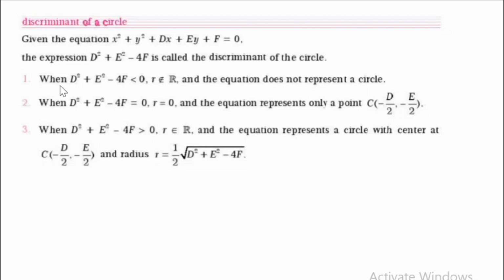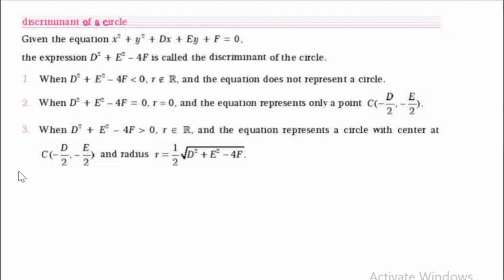When d squared plus e squared minus 4f is less than 0, the value of the radius is not an element of the real numbers and the equation does not represent a circle. For number two, when the discriminant is equal to 0, the value of the radius is 0, and the equation represents only a point, the center at negative d over 2, comma, negative e over 2.